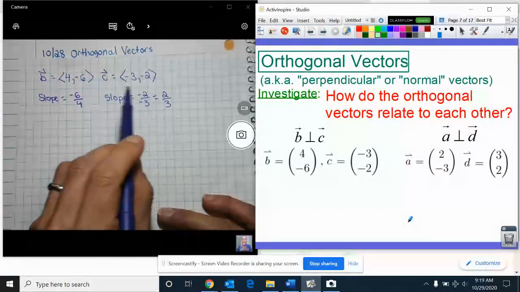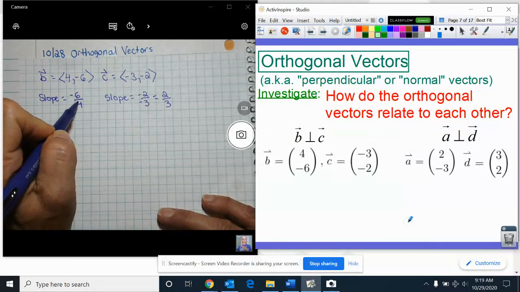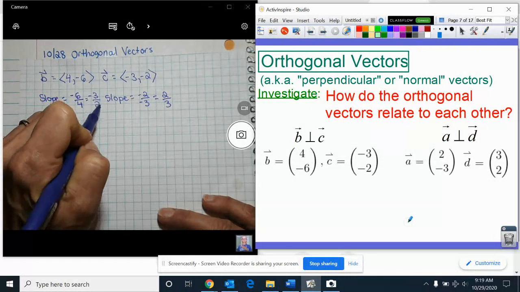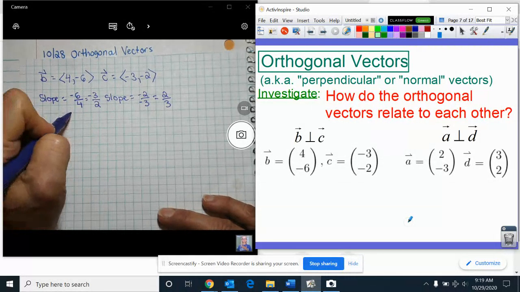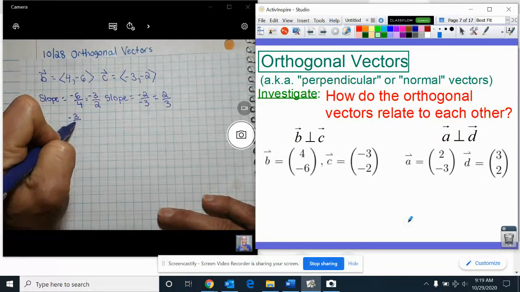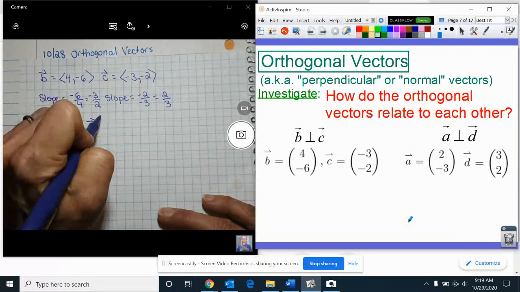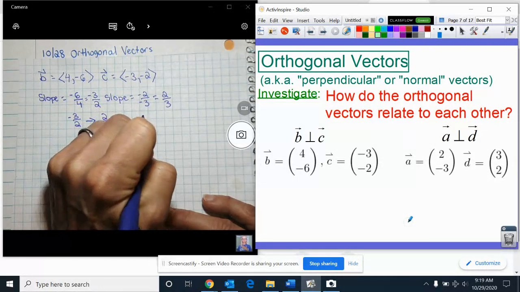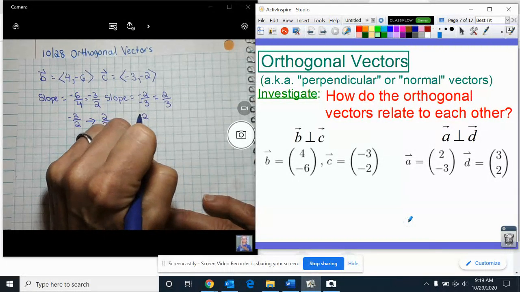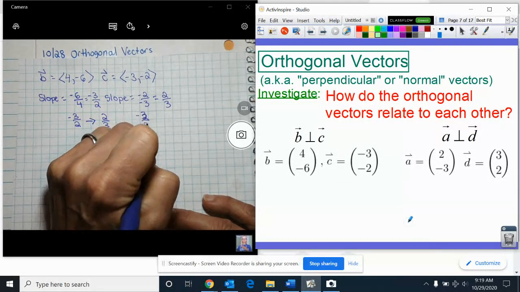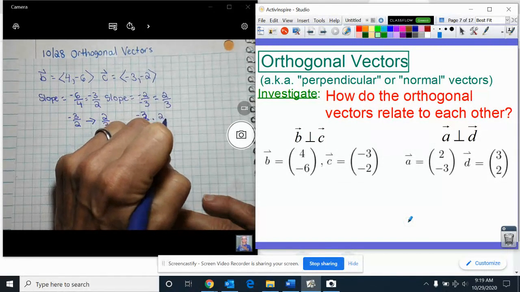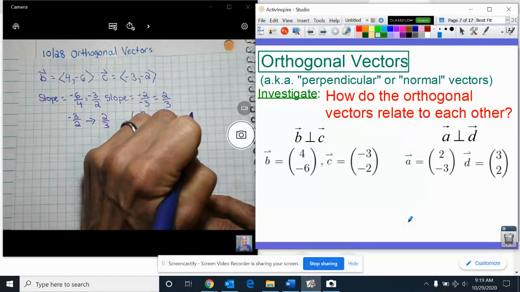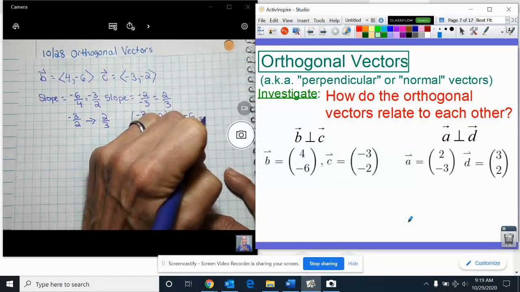Well, look at what happens when we reduce this fraction. This is the same as -3/2. So one slope is -3/2. The other slope is 2/3. And when we multiply them together, -3/2 times 2/3, we get -6/6, which is the same as -1.